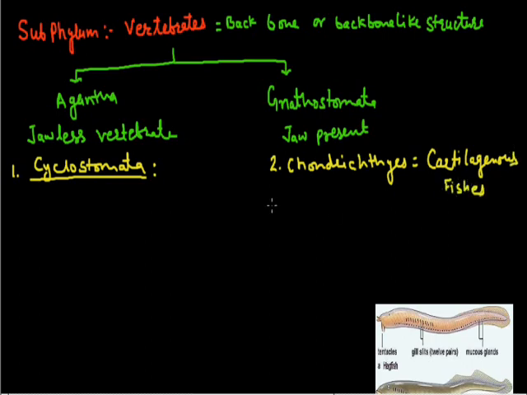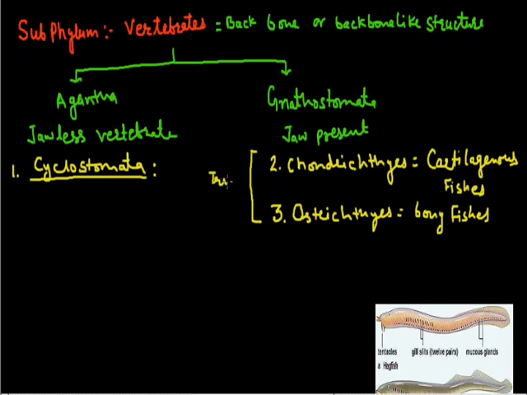Now the third class we call the Bonefishes, or another name, Osteichthyes. These are known as the Bonefishes. In these two classes there are the true fishes, also called the Pisces group, because in these two classes all the true fishes are classified.